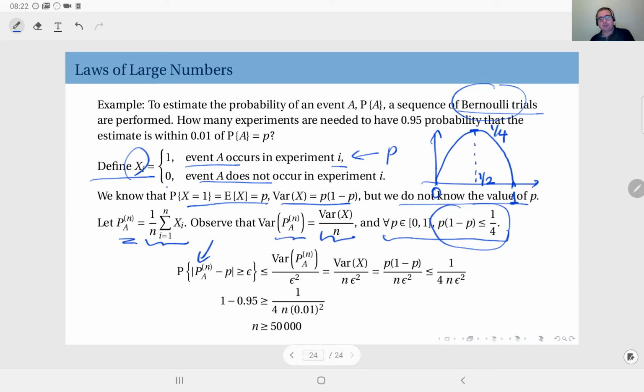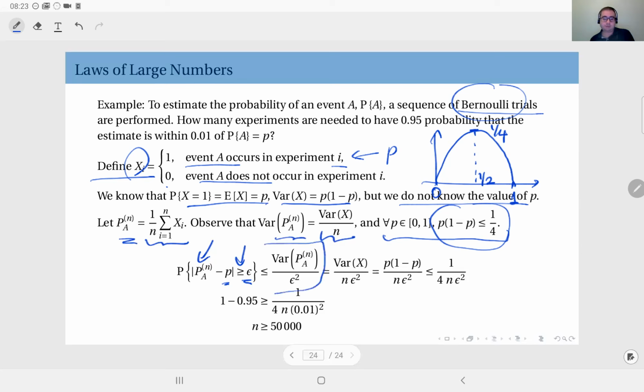The probability that this probability estimate is not within epsilon of the true value P, since I have greater than or equal to here, is upper bounded by the variance of the probability estimate, or the sample mean, divided by epsilon squared. This is nothing but Chebyshev's inequality, okay?